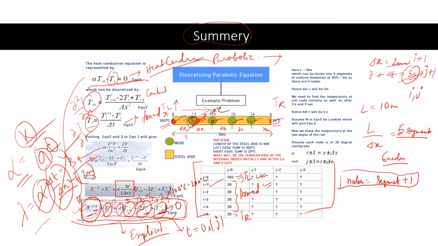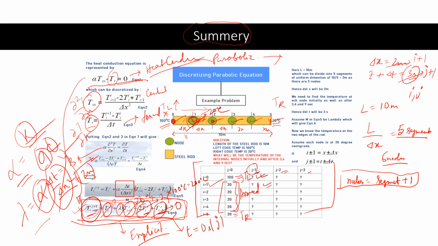In this way, you can find i equal to 1, i equal to 2, i equal to 3, i equal to 4, i equal to 5 for the first time increment, then you find out the second time increment, and then the third time increment. After finding all these things, remember this part is assumed. This is not the real part. So what we do is repeat the iteration from j equal to 1.